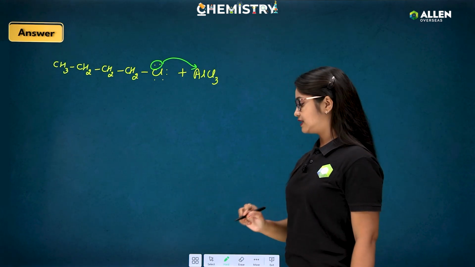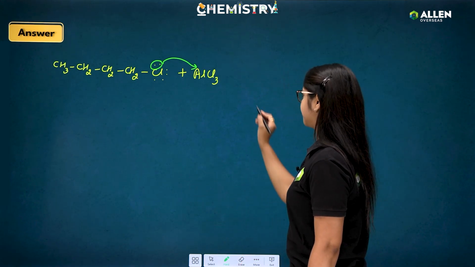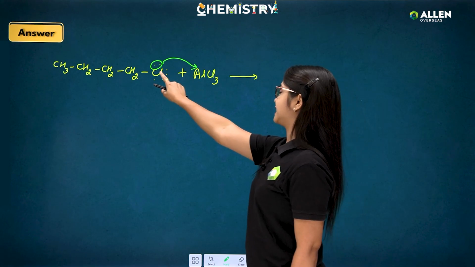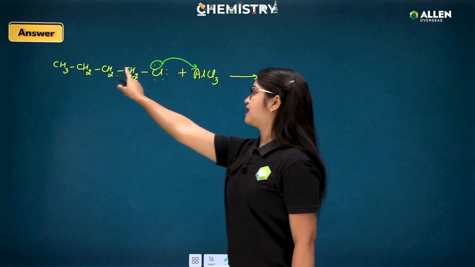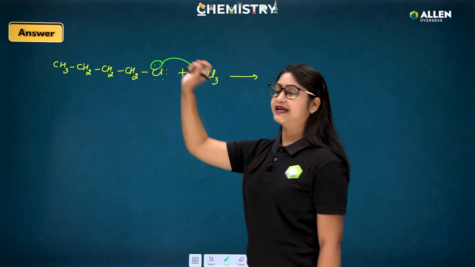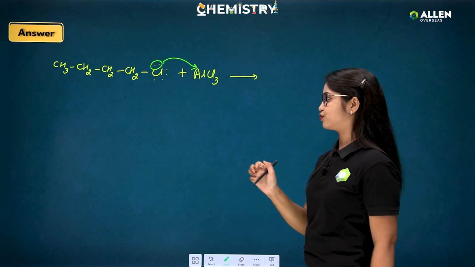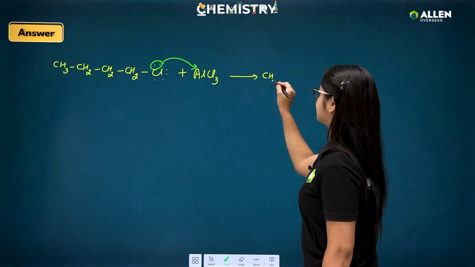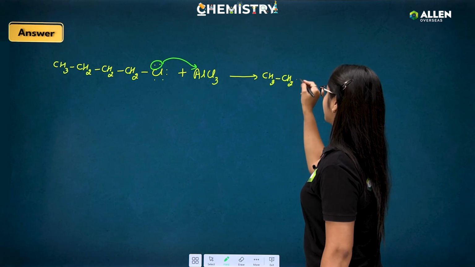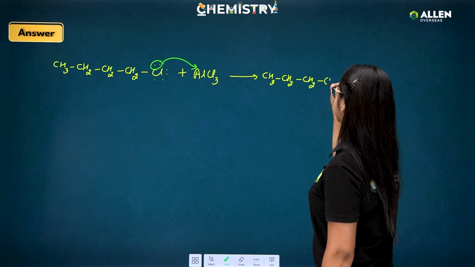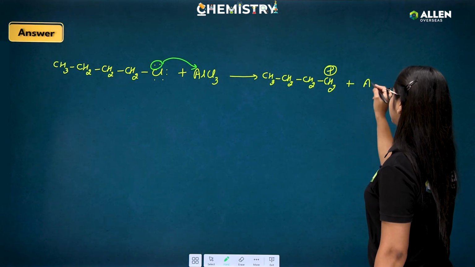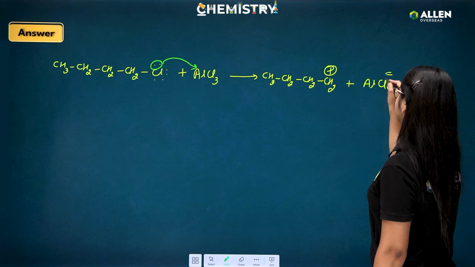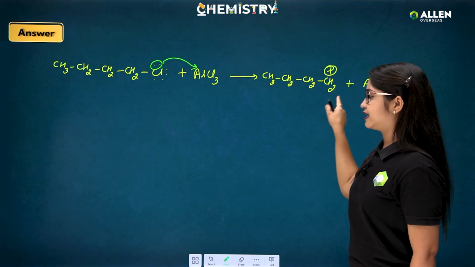After this, chlorine will get the positive charge, this bond will be broken and this carbon will gain a positive charge. So a carbocation will be formed: CH3, CH2, CH2, CH2 positive, plus AlCl4 negative.